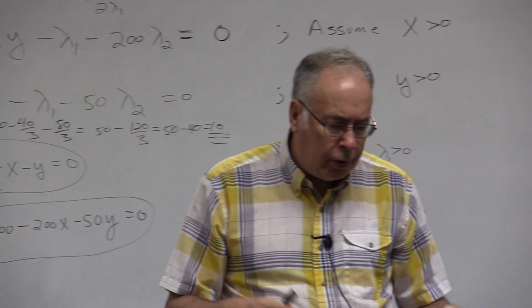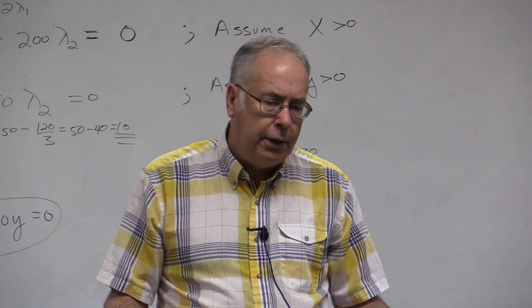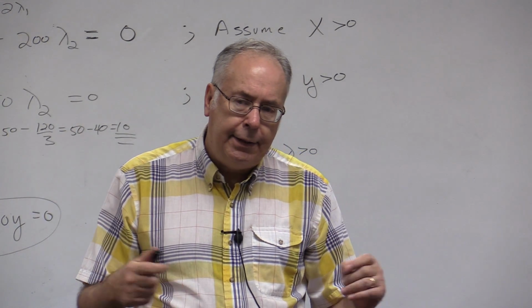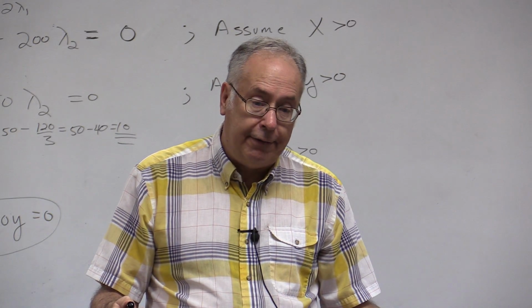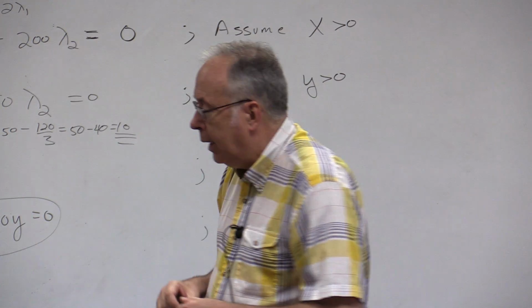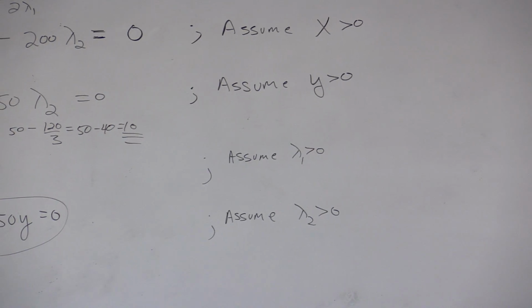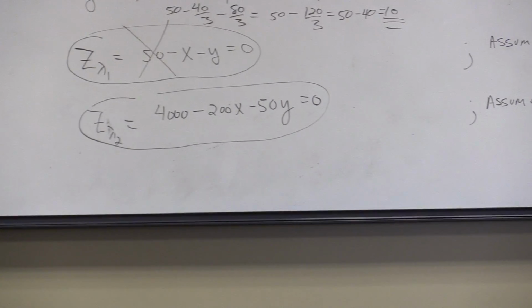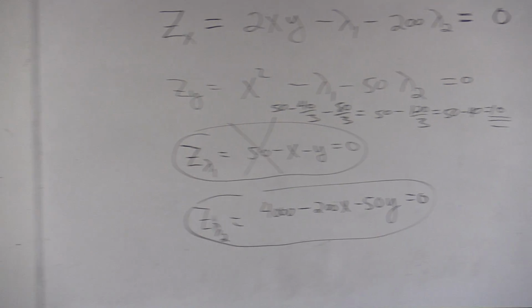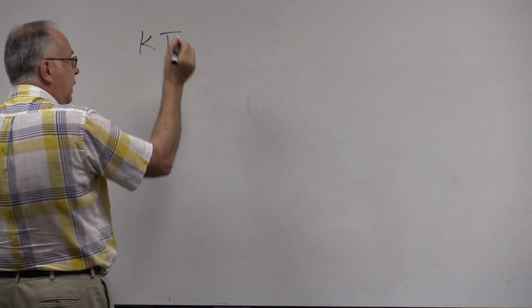How can we be sure, if you satisfy those Kuhn-Tucker conditions, that that gives you a maximum profit? It turns out there are 2 theorems you can rely on to answer that question. The first, I'm going to call the Kuhn-Tucker sufficiency theorem. KT for Kuhn-Tucker.